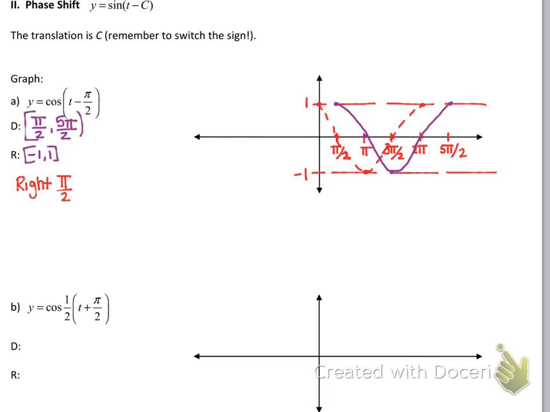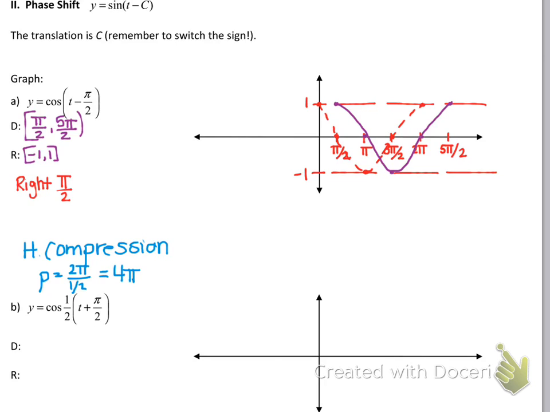For B, two things happen. We have a horizontal compression, which affects our period. So my period is going to be 2 pi over 2, or I'm sorry, 2 pi over 1/2, which gives me 4 pi.